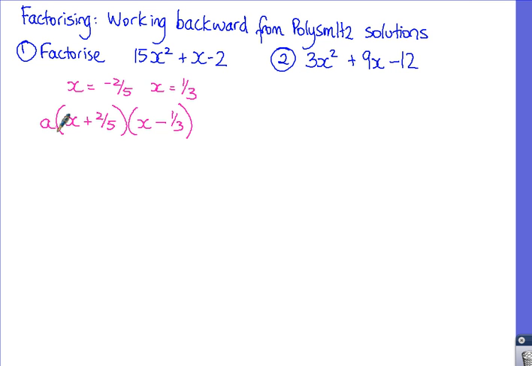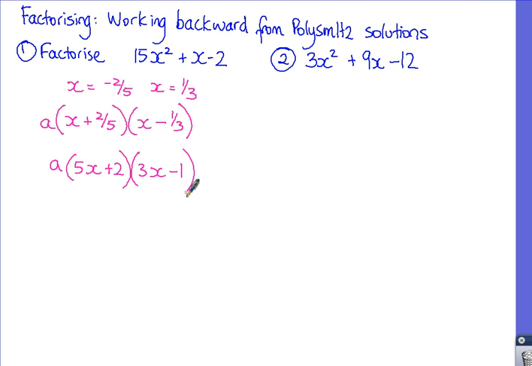Our next line is a stays in front, and we multiply x plus 2/5, all the terms, by 5, and so we get 5x plus 2. And then in the next bracket we need to get rid of the third, so we multiply both terms by 3, which gives us 3x minus 1.